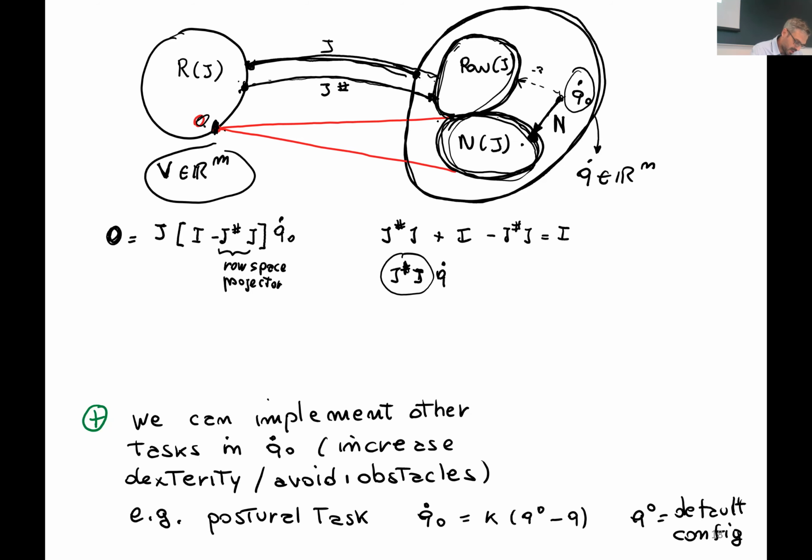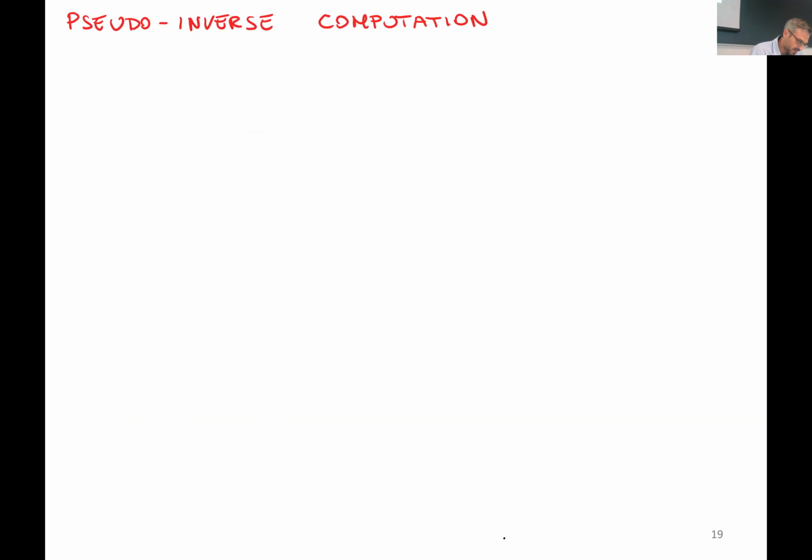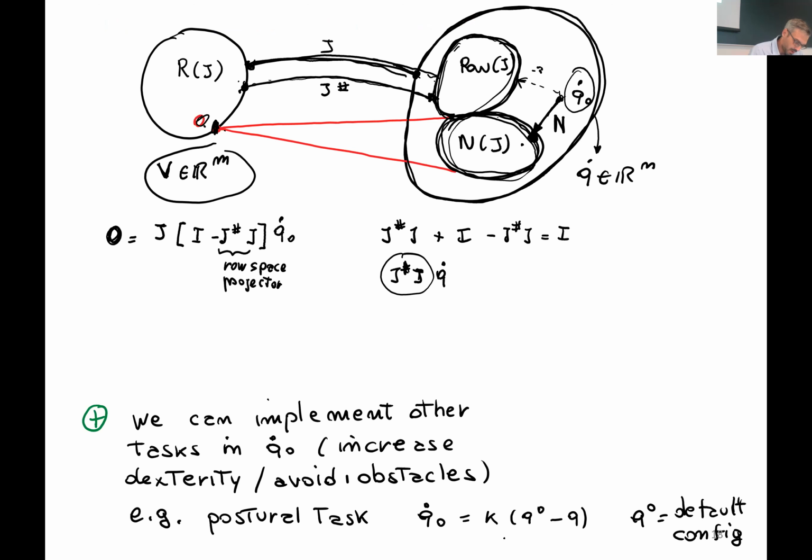So as I said, we can implement some other tasks for the dexterity, for example, a postural task. For example, we want to achieve a certain default configuration and try to stay as close as possible to that configuration. Maybe the one that is in the middle of the joint range, for example.